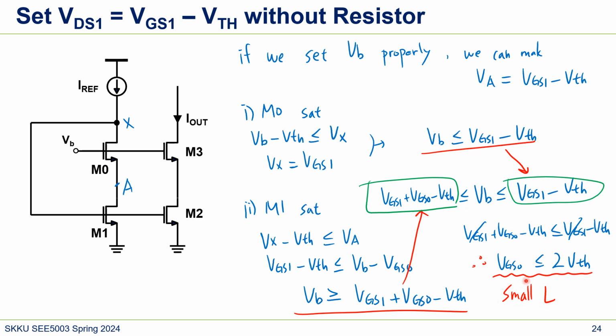And we can have small L and large W. I mean, we need to properly set those two. So we're not using a resistor to set the voltage at A. But we still have things to do. We need to generate this VB.